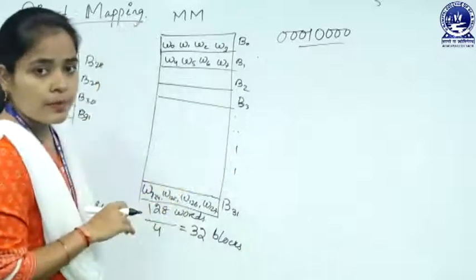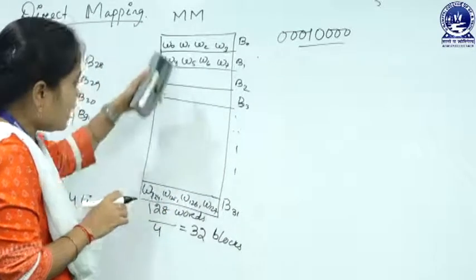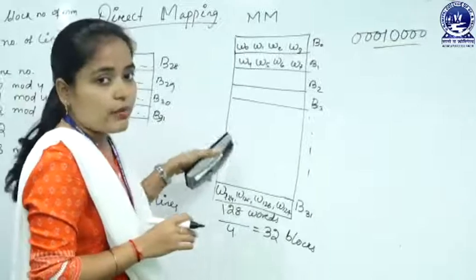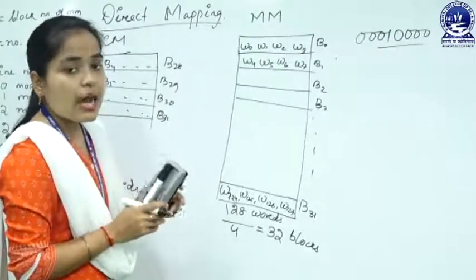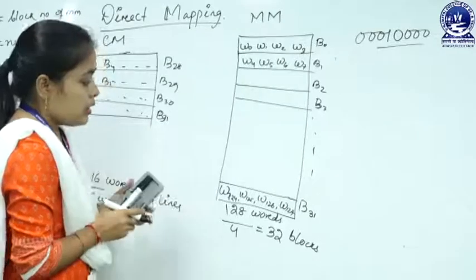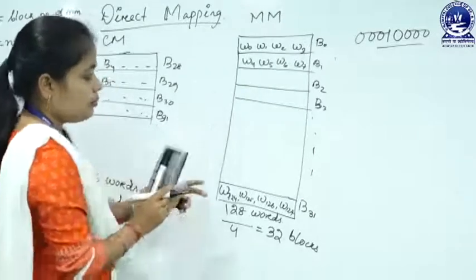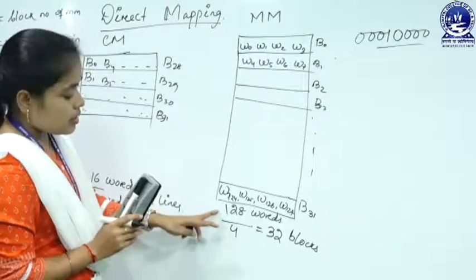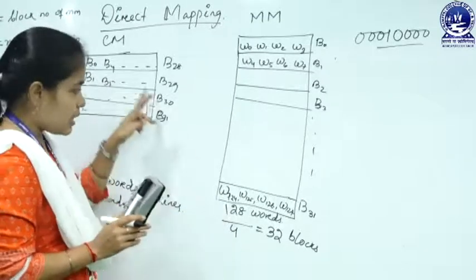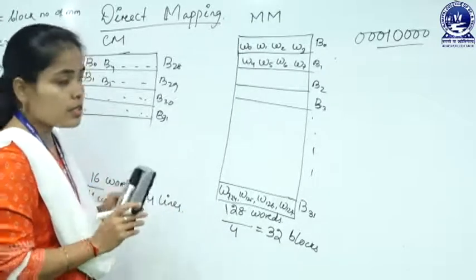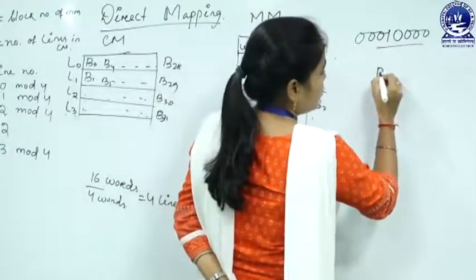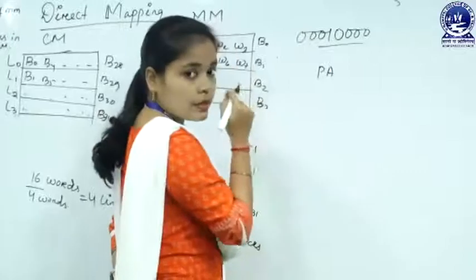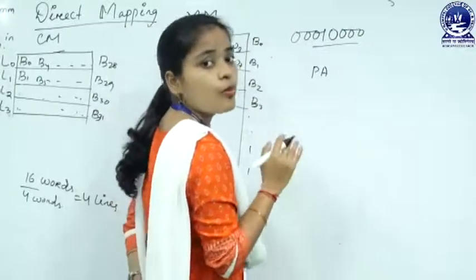So for this example, what will be the address field? If the system has a main memory size of 128 words and a cache memory size of 16 words, the address size will be that of our physical address, which is generated by the processor.